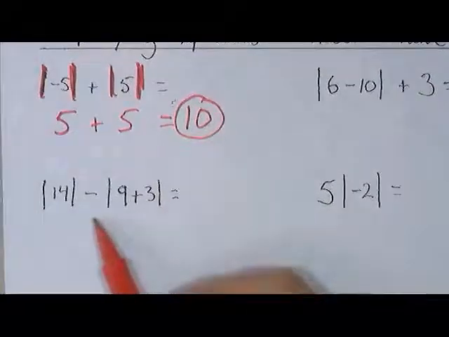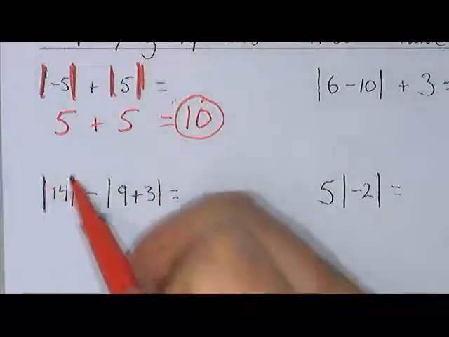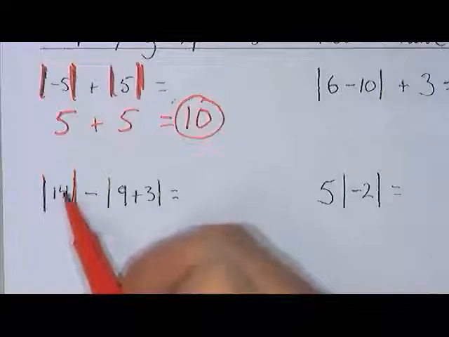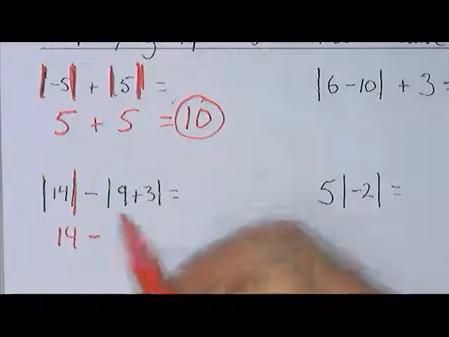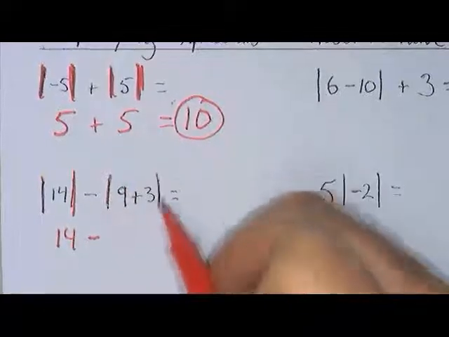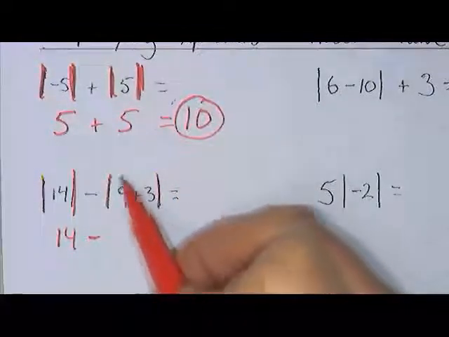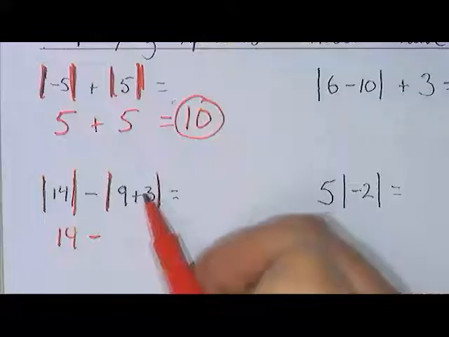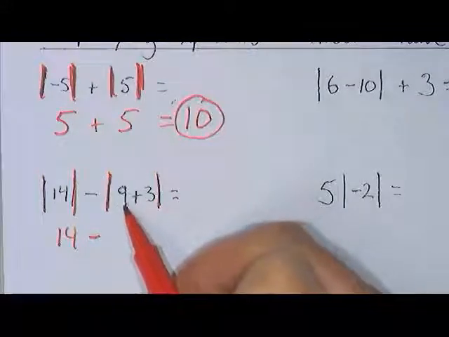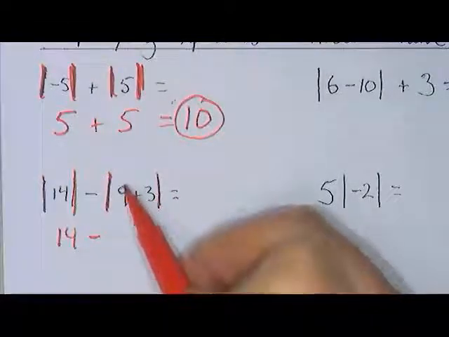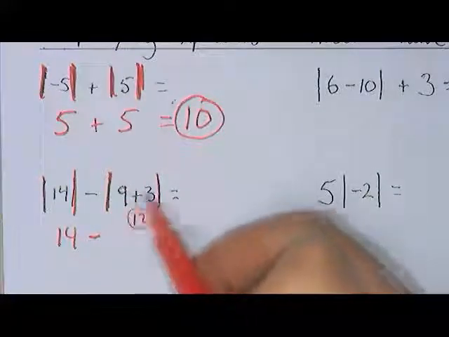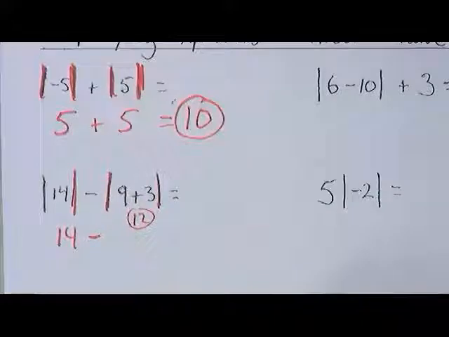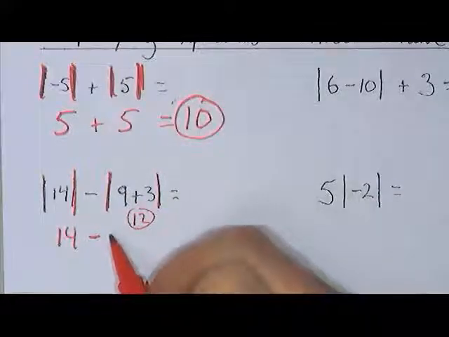Go to one below. The absolute value of 14, how far away is 14 from 0? Minus, oh, we have to figure this out. Let's see. We have 9 plus 3. 9 plus 3 is 12. How far is the absolute value of 12? How far is 12 from 0? 12.